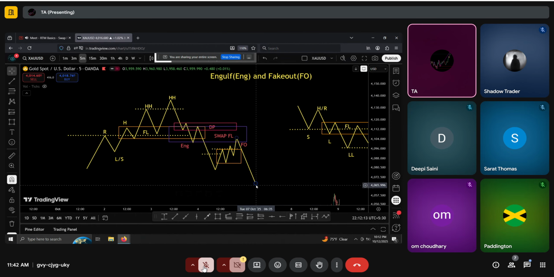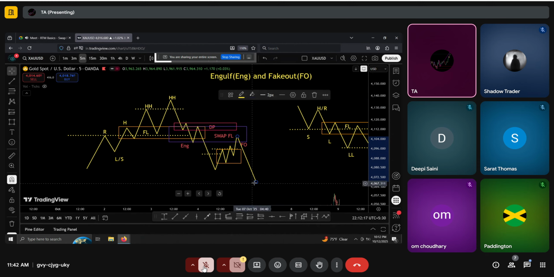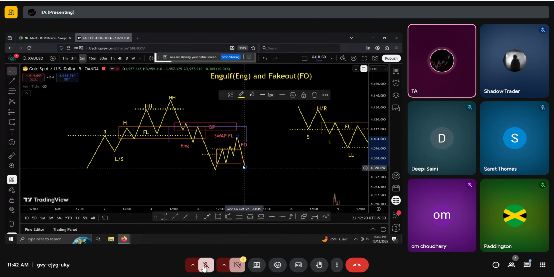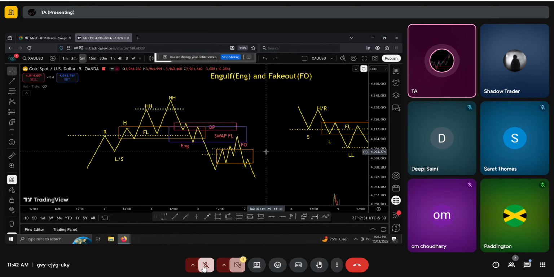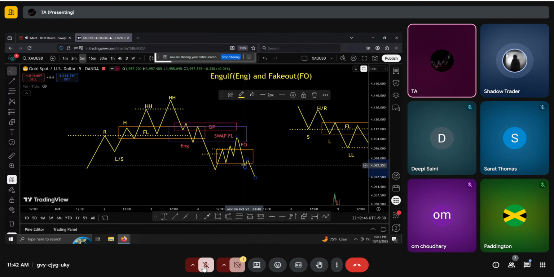When it comes back, price may do the same thing again. Price comes back here, and this may create the swap FL again on lower time frame. You see this? Market is fractal. The same thing happens on higher time frame and lower time frame, same structure. So these are the basic building blocks of market structure, and you should focus on this, right? Any other question? No.